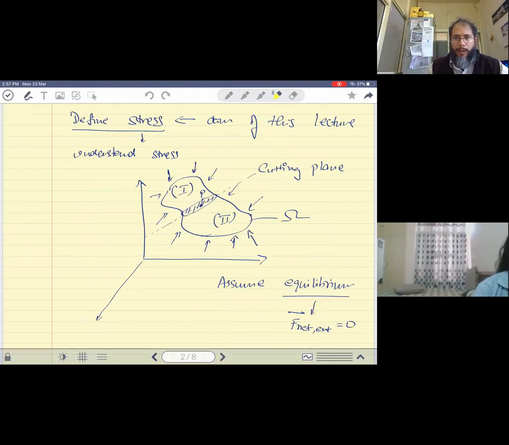So last time we started with a body, and we said that let's hypothetically slice the body into two parts, parts 1 and 2, and the cutting plane, which is the plane that is used to slice the body, always passes through a point P, because it's the point P where we want to find the stress information.